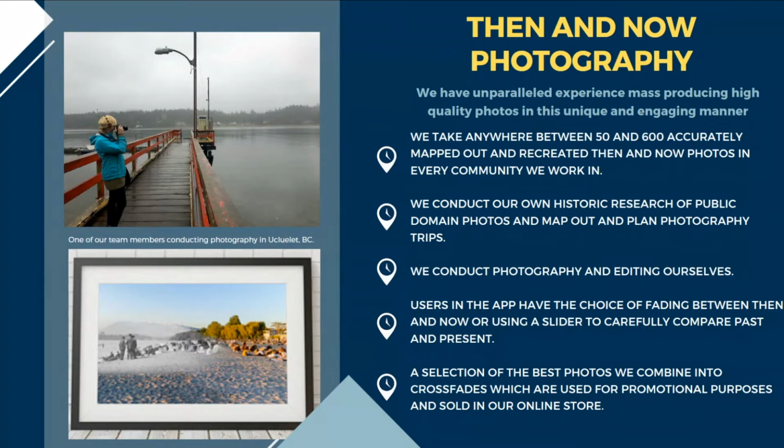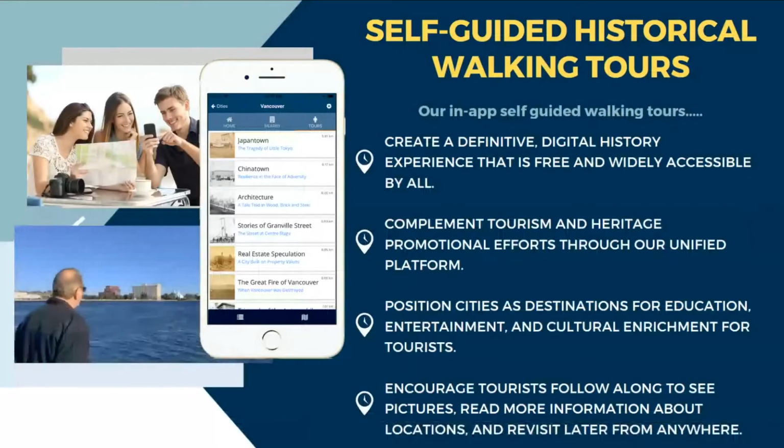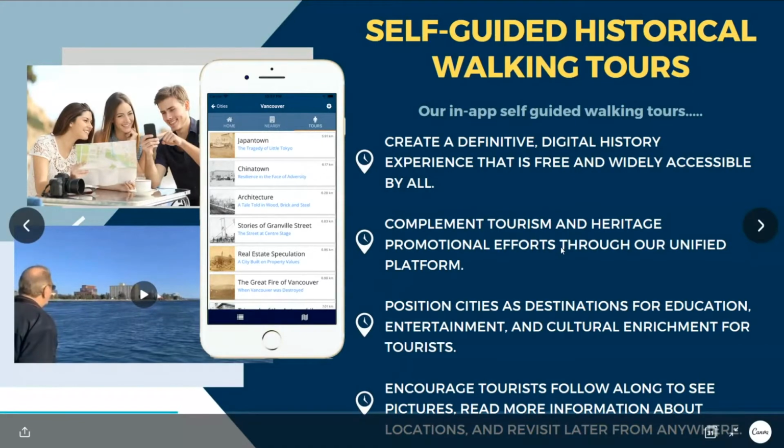And so we found out that this kind of photography is a great way to make people reimagine their surroundings and look at them in a new way. See how the city has changed, see what's been lost, what's been kept, what's been preserved. This is the bait that we use to get people interested in history, and then we chain selections of these photos together into historic walking tours that examine different aspects of local history.